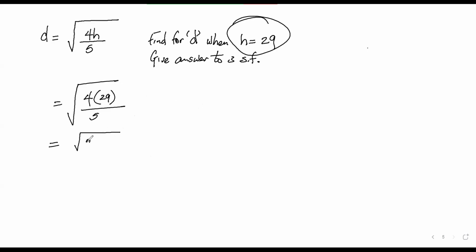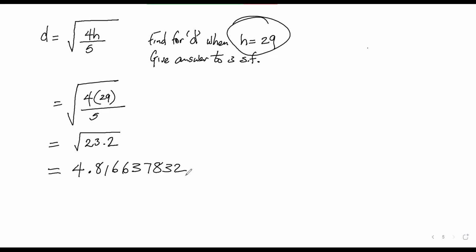Yes, you get the answer correct, but that is not the final answer because you have to square root it. So the square root of your answer is 4.8166378 and so on.